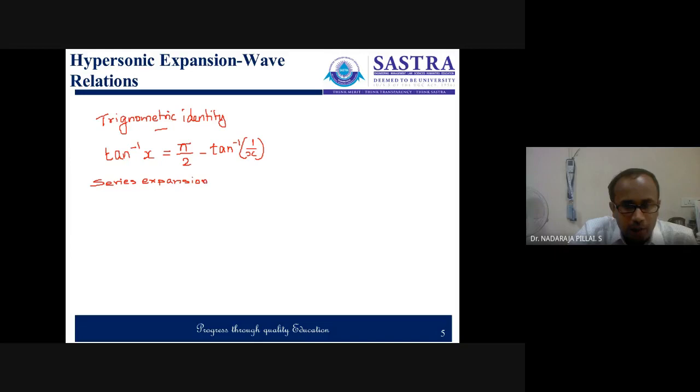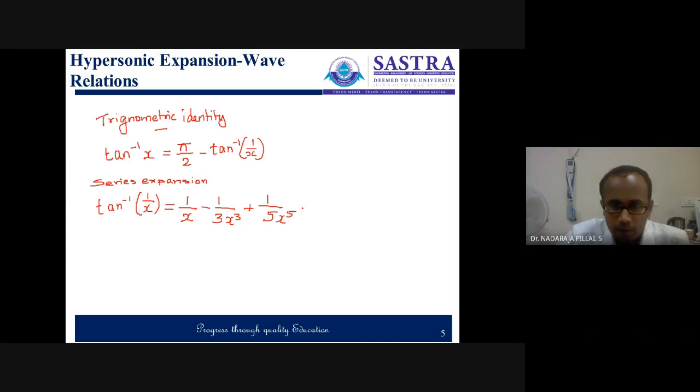By considering the series expansion, the tan inverse of 1 by x can be written as 1 by x minus 1 by 3x cube, plus 1 by 5x power 5, minus 1 by 7x power 7, and it keeps on going.